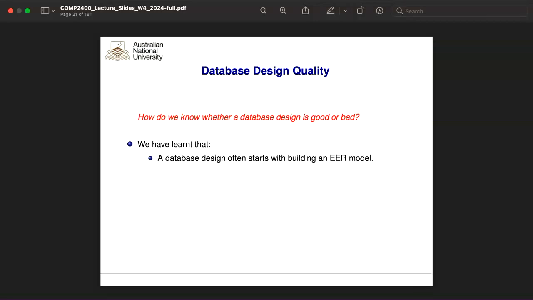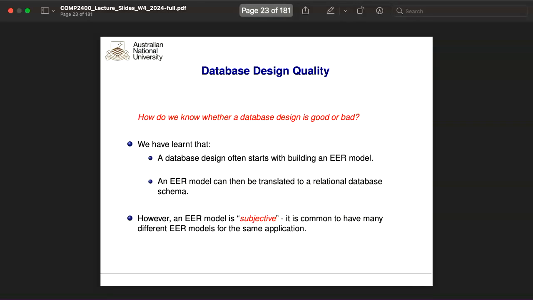You want to understand, okay, what am I supposed to do with this database, what are the requirements? To collect those requirements, a very good way is to have some conceptual modeling so you can share it with your colleagues and customers. So the starting point is conceptual modeling. Then from there, you can transform a conceptual model into a relational database schema.